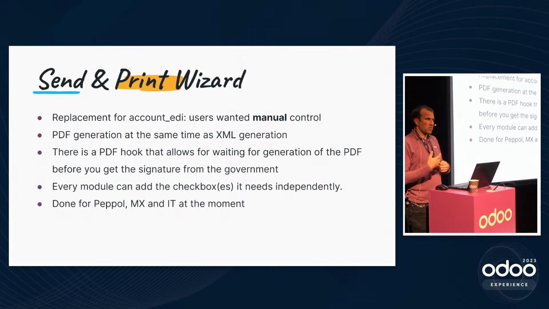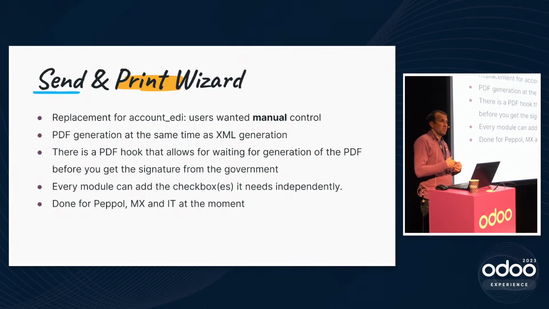That's also something we wanted to work out with the send and print wizard, and also to give more freedom to the localization itself, because a lot of electronic invoicing works differently.